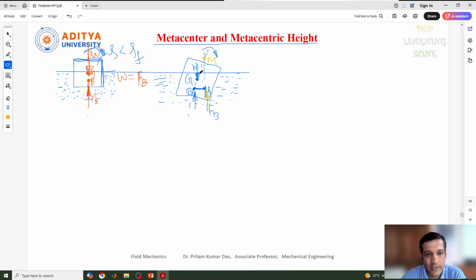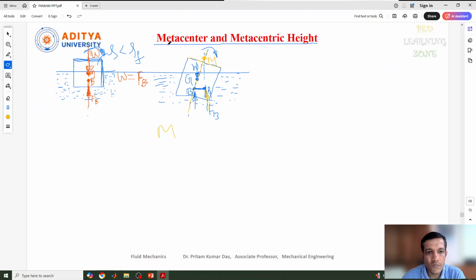This is the normal axis, which is always perpendicular to the object. The normal axis line, where the body is given a small angular displacement or is going to tilt some angle, then we can find the metacenter point, which is denoted as capital M.